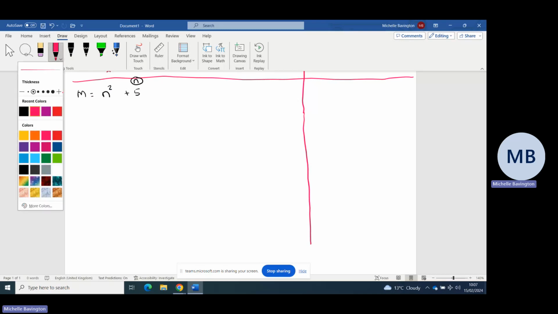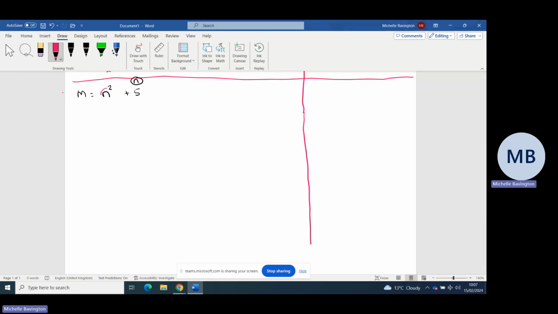Right, but anyway. So at the minute, n is being squared. So the opposite of square is square root. The opposite of squared is square root. And the opposite of plus 5 is minus 5. So that's all we're doing, the opposite.